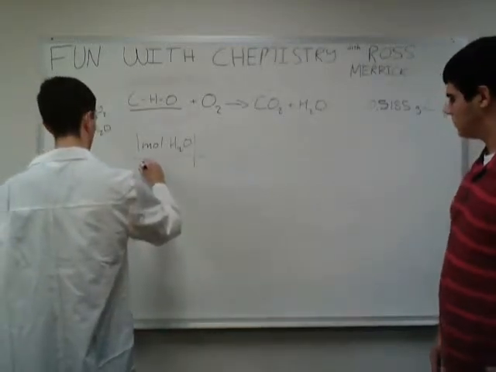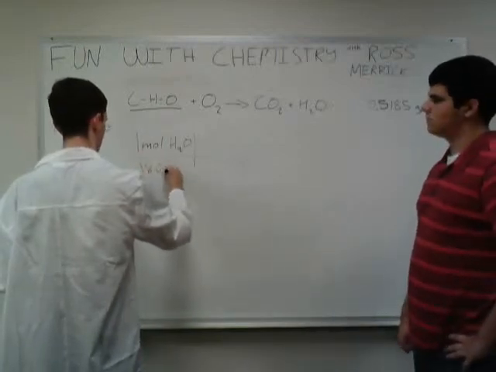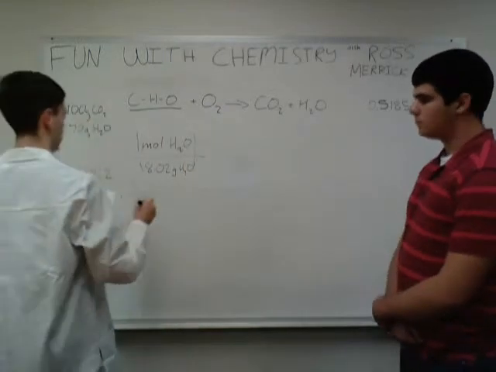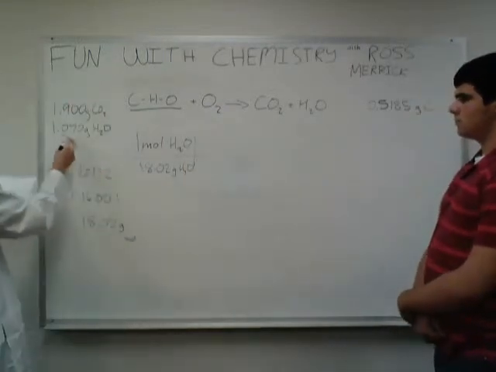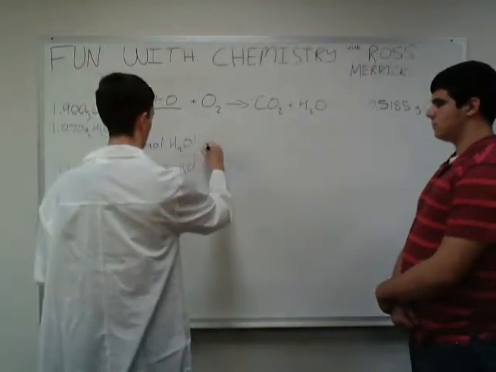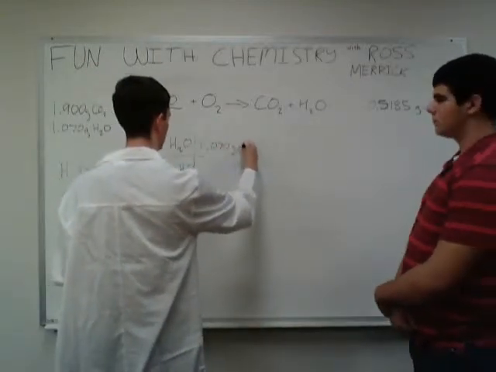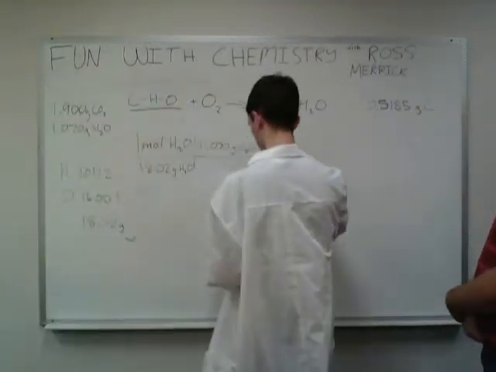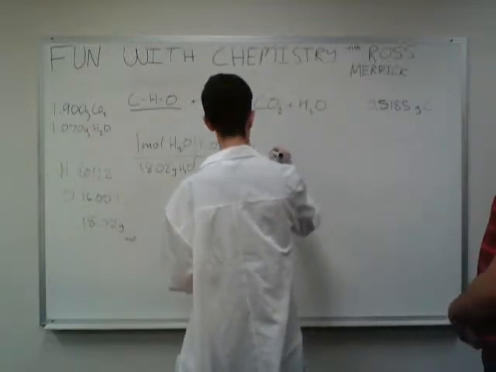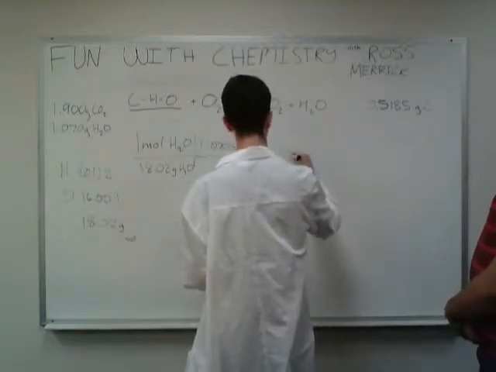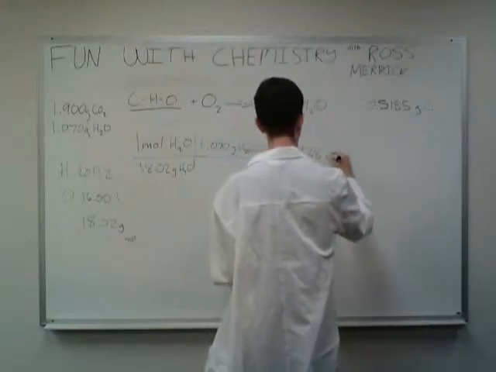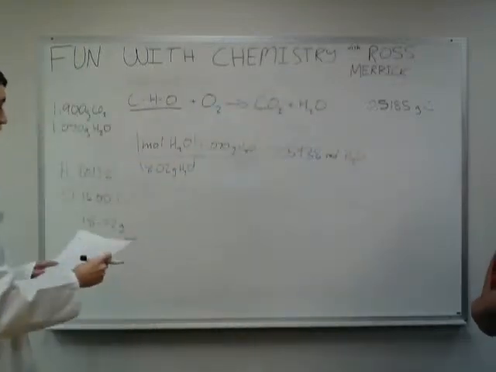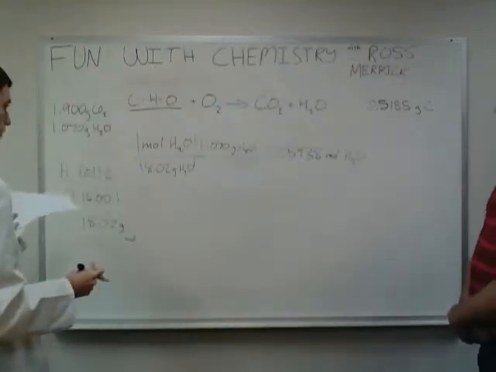So we have 18.02 grams H2O. Now we started out with 1.070 grams of H2O. That is what we produced. Multiply that out and divide, and you get an answer of 0.05938 moles of water.